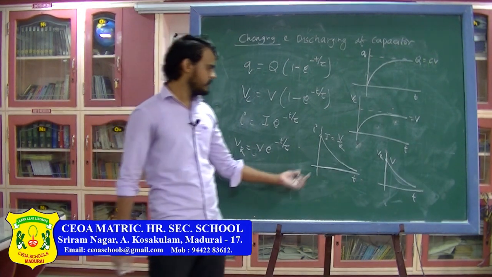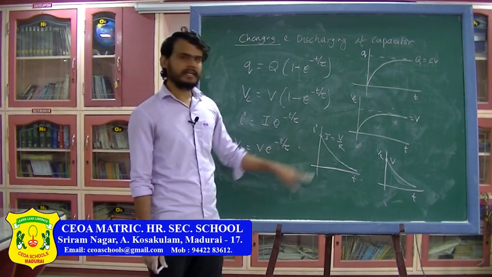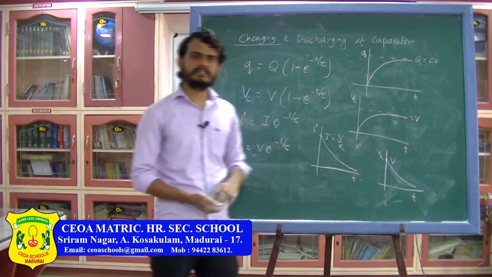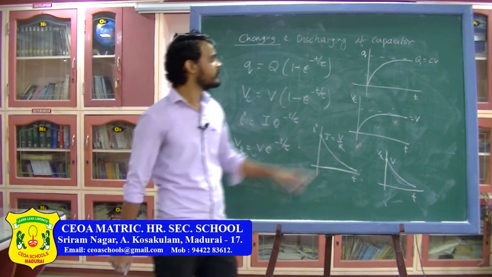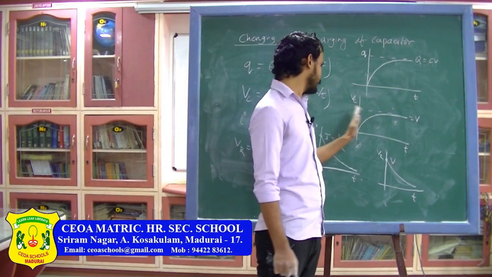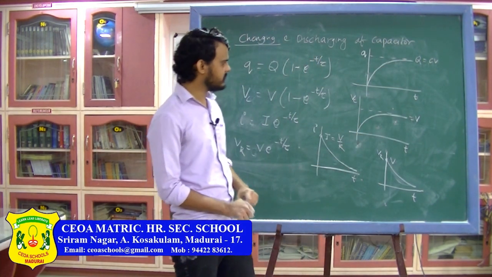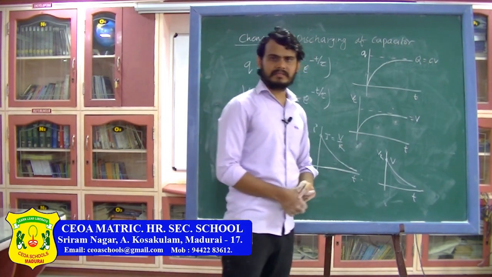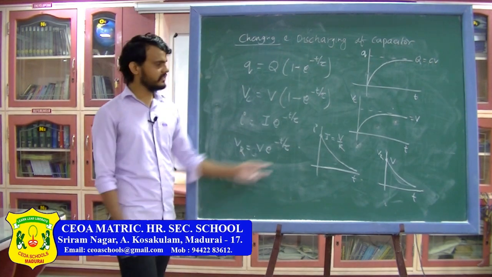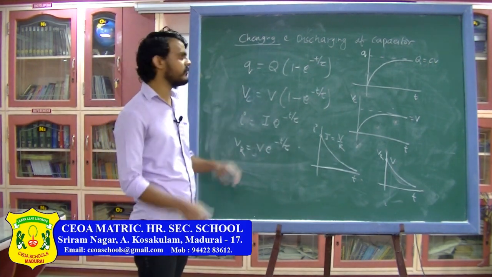So as you can see, the current in the circuit is maximum at time t equals 0, and potential across the resistance is maximum at time t equals 0, and charge on the capacitor is maximum when the time is infinite, and potential across the capacitor is maximum when the time is infinite. So you have to remember these formulas and these 4 graphs for charging of the capacitor.